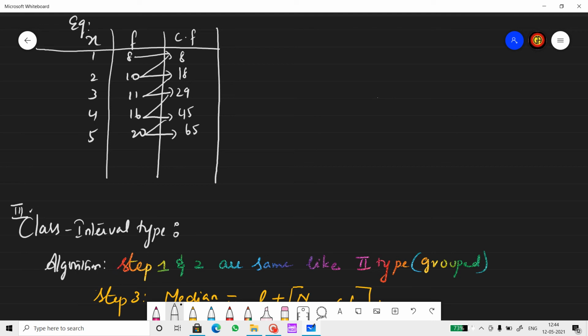The last value of the cumulative frequency and the total frequency will be the same, because obviously we are adding these only, right? So this is your sigma F, in turn the N value.